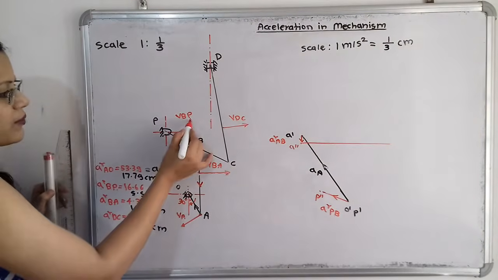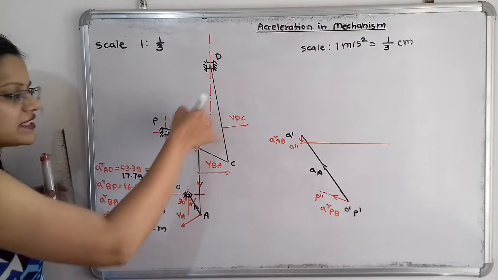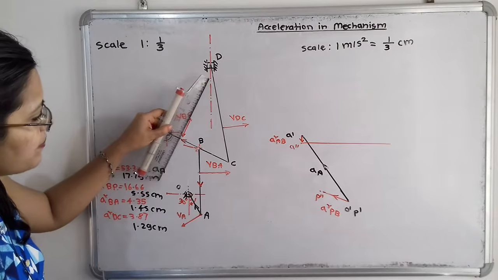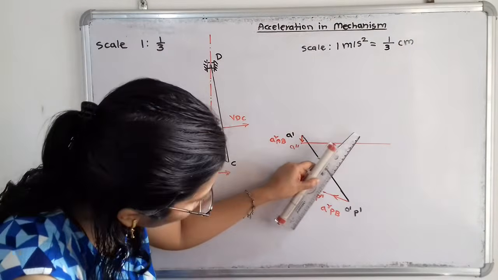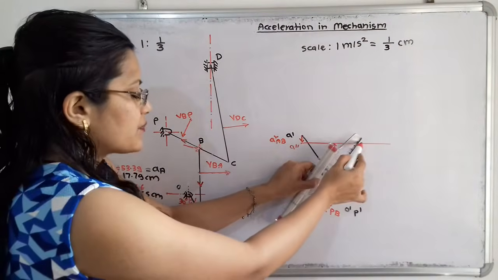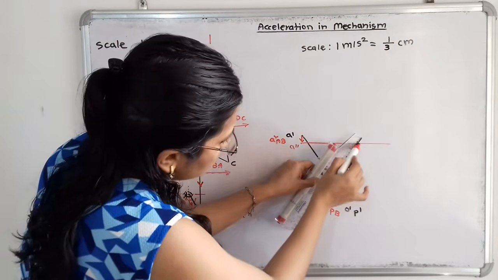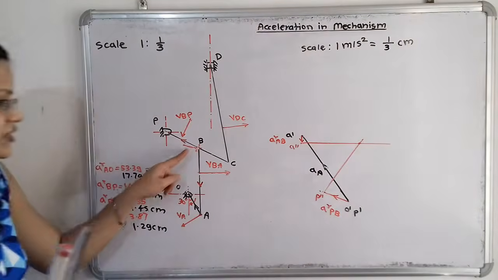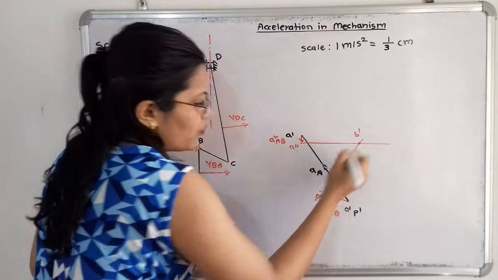Now again we will move to the tangential component. The tangential component is parallel to this velocity, and this velocity is in the downward direction. What happens if I draw the line parallel to this velocity in the downward direction? There is no point of intersection, because here we have to draw the line in the upward direction. So here is the point of intersection, and this point of intersection is nothing but the point B. I will say here is the point B dash.